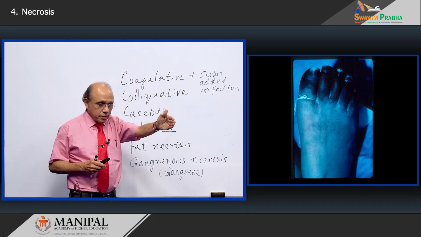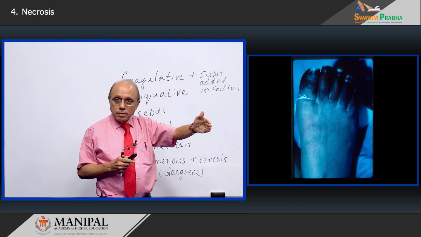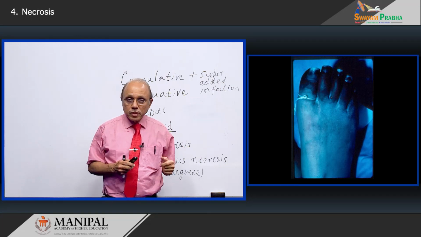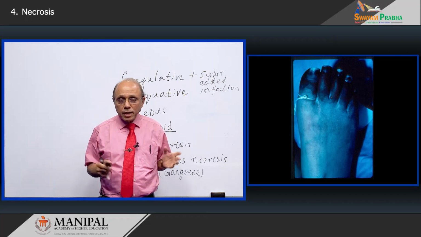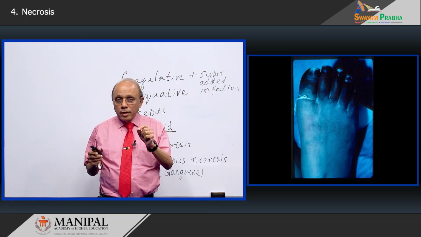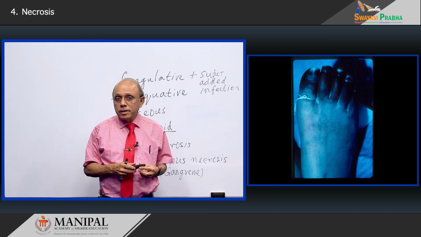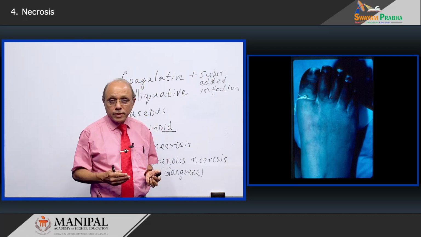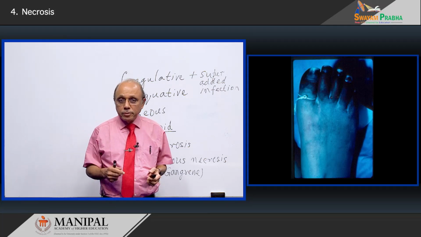Now when you look at the photograph, you will see the color change. Why the color change? The color changes because of the deposition of iron sulfide. Now why iron sulfide? What is iron sulfide doing here?